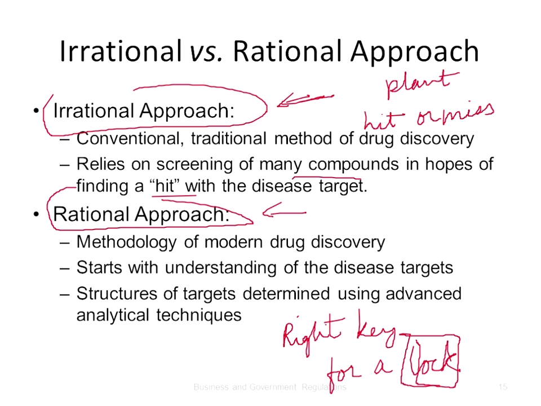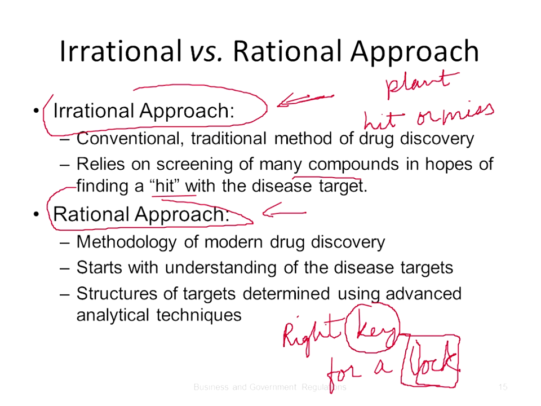So you have a target in the body. You need to find the right key for it. And so the key is your lead compound. An irrational approach is akin to just trying 1,000 keys to see if any of those keys fits the lock.